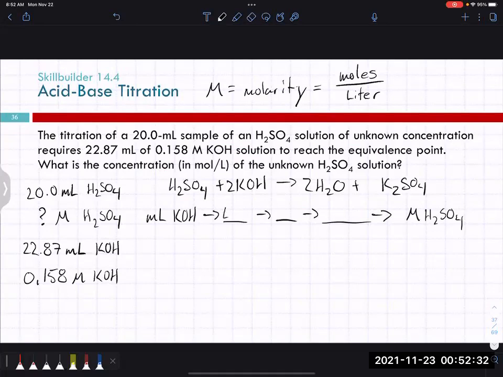Our first step is going to be to convert to liters of potassium hydroxide. Once we have liters of potassium hydroxide, we can then use our molarity, 0.158 molar potassium hydroxide, which is in units of moles per liter, and we'll get moles of KOH.